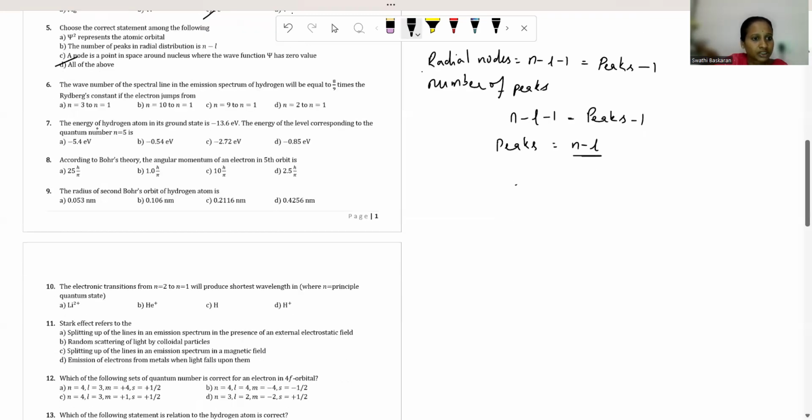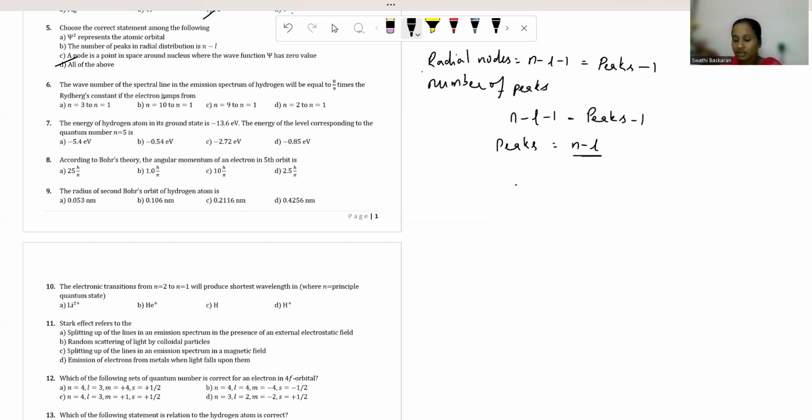Now coming to the sixth question. So what is the question? The wave number of a spectral line in the emission spectrum of hydrogen will be equal to 8 by 9 times the Rydberg constant if the electron jumps from. Okay, so this is once again related to the line spectrum of hydrogen.